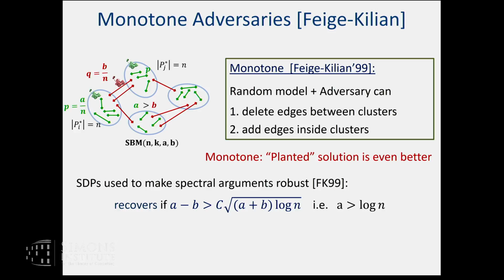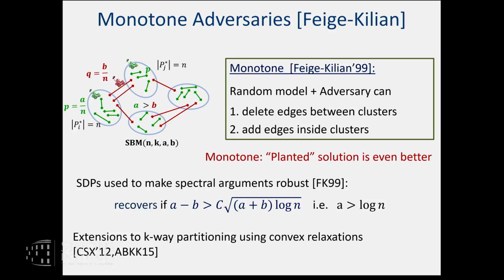So it does both the job of finding the optimal solution and learning the community memberships. Okay, so this is about monotone adversaries. And this has been extended to k-way partitioning with similar guarantees as well. And all these algorithms use convex relaxations like semi-definite programs.